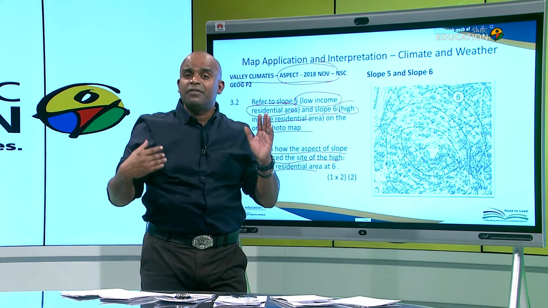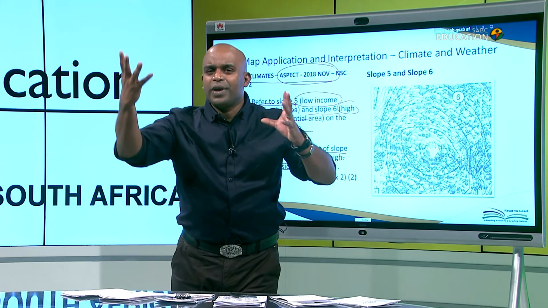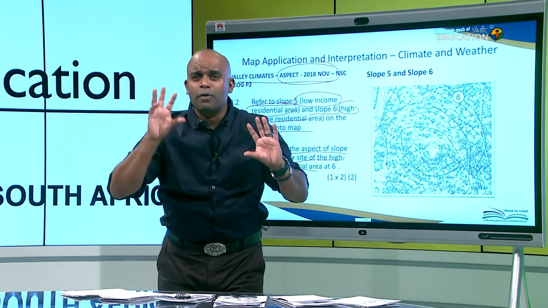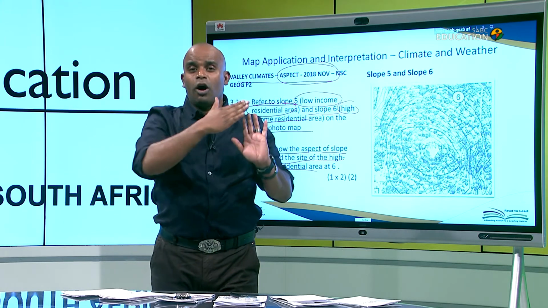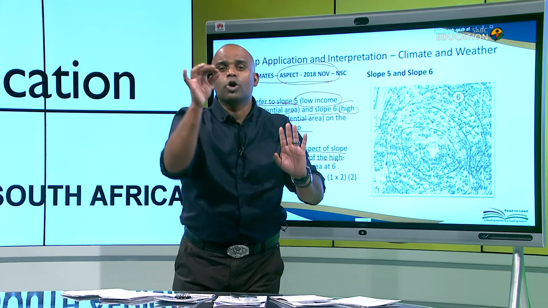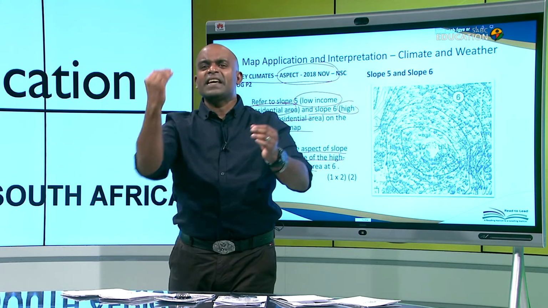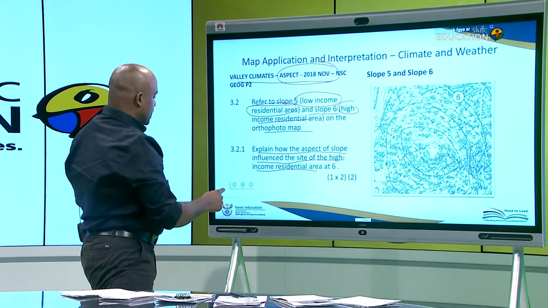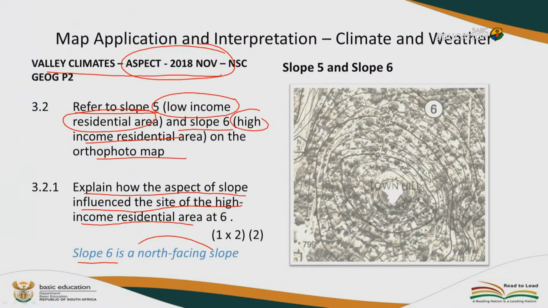People prefer living on slopes where there's more sunlight. So what does this mean? We are examining on our orthophoto map our understanding and knowledge of the slope. Again, your ability to identify the slope, which is north-facing and receiving more sunlight. In this particular example, slope 6 is a north-facing slope.